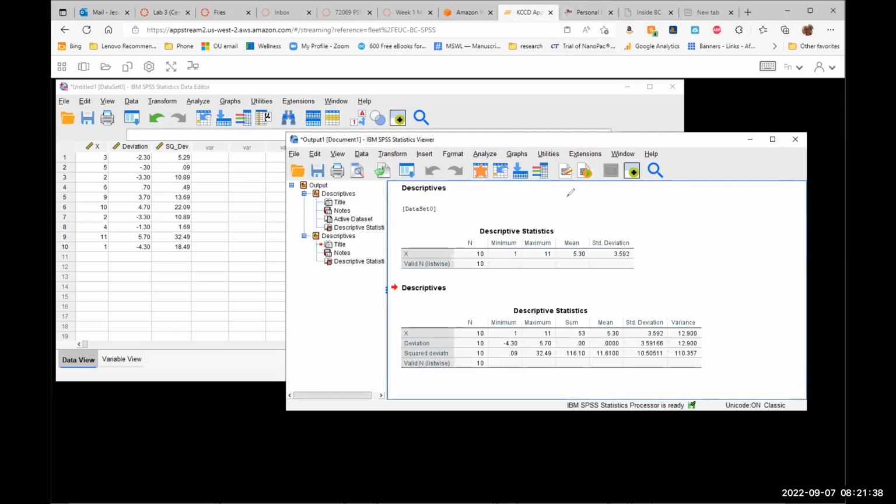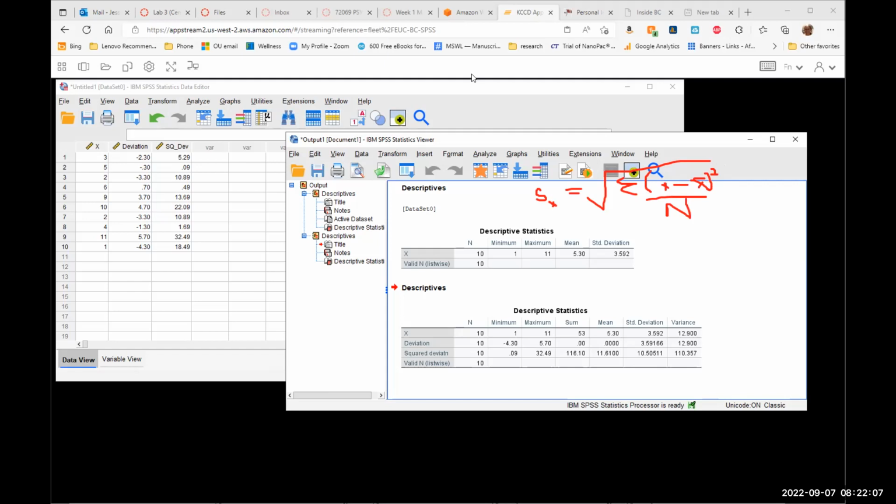So standard deviation equals sigma. Sorry about the mess here. X minus the mean of X squared over N.